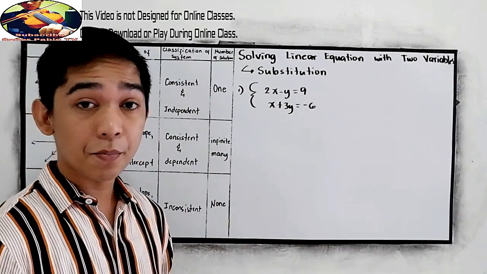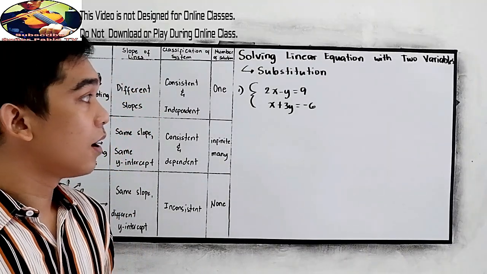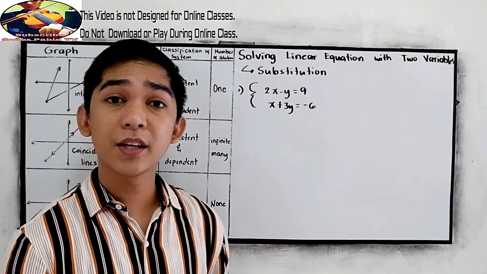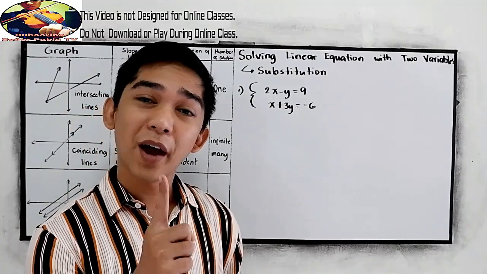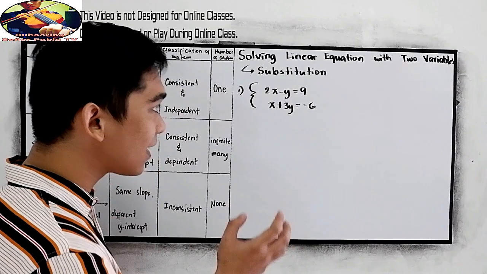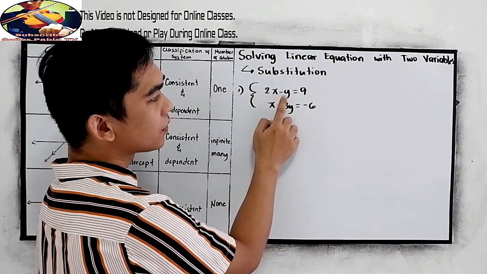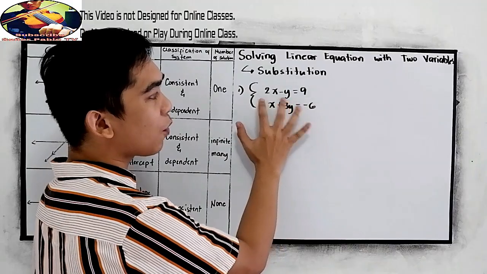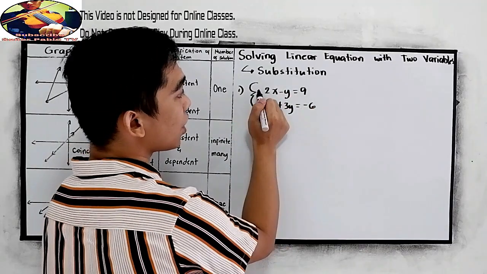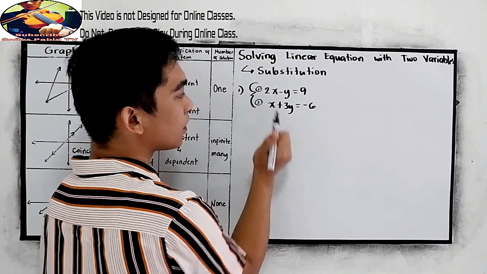Now let's try this example. Solve by substitution method. So of course, we need to substitute. First, let us find the value of x or y. It's up to you, so study the given. Let's name the first equation, equation 1, and this is equation 2.